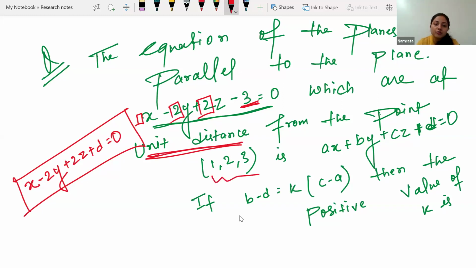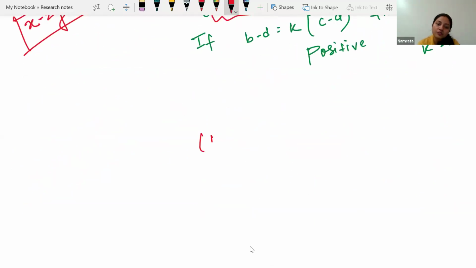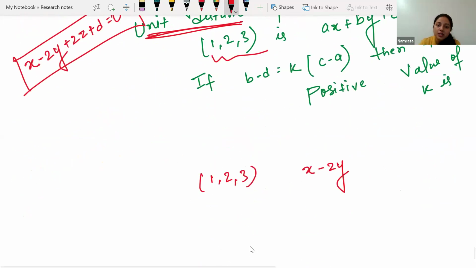From which point? From (1, 2, 3). We know how to find the distance from a point to a plane. So let's find the distance from the point (1, 2, 3), and the equation of the plane we have taken as x minus 2y plus 2z plus d is equal to 0.